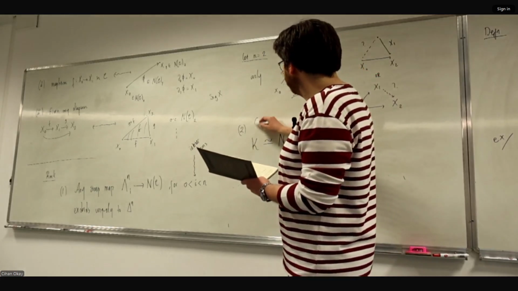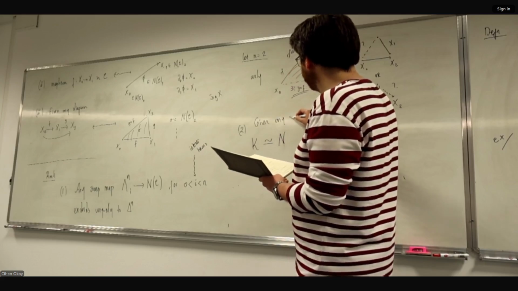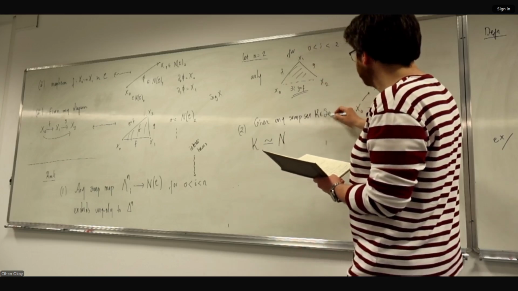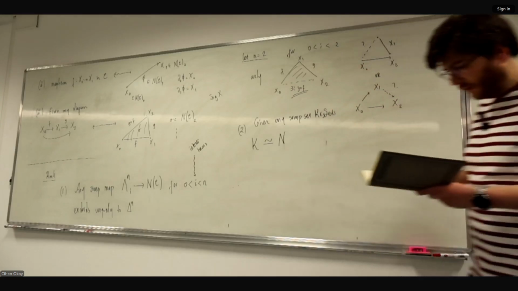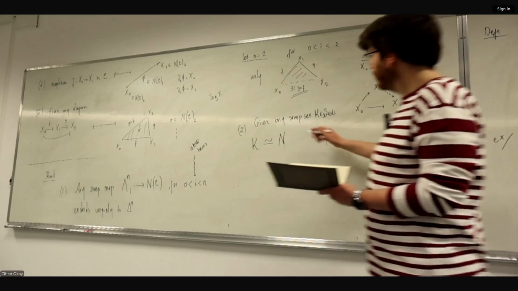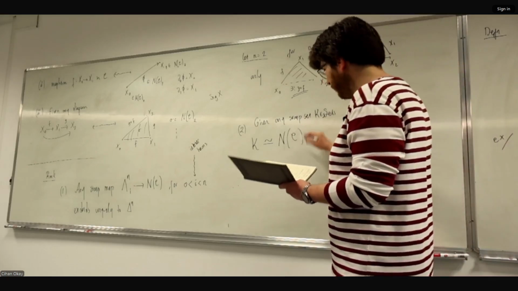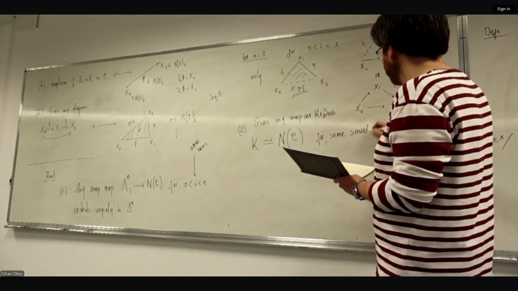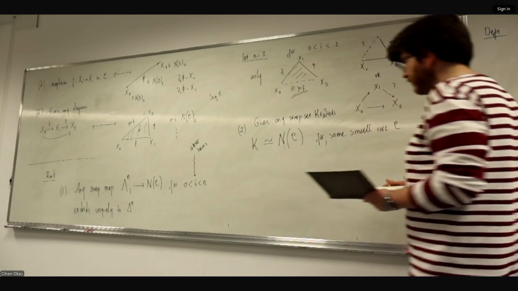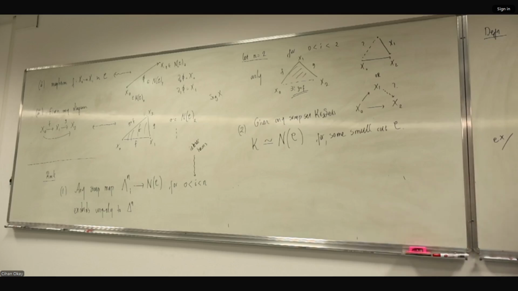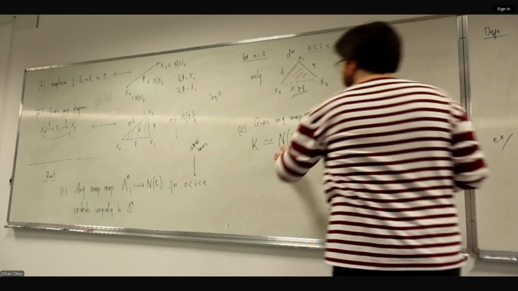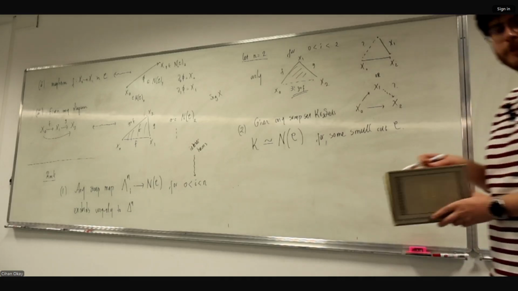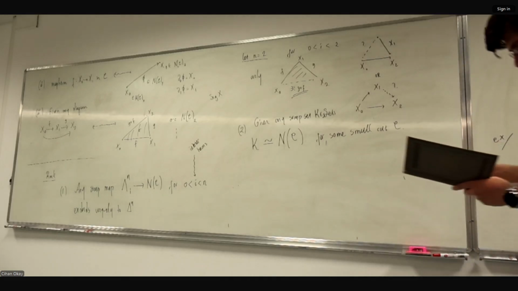Given any simplicial set K, you can always realize this simplicial set as a nerve of a small category C. So any simplicial set can be realized as a nerve of a small category.